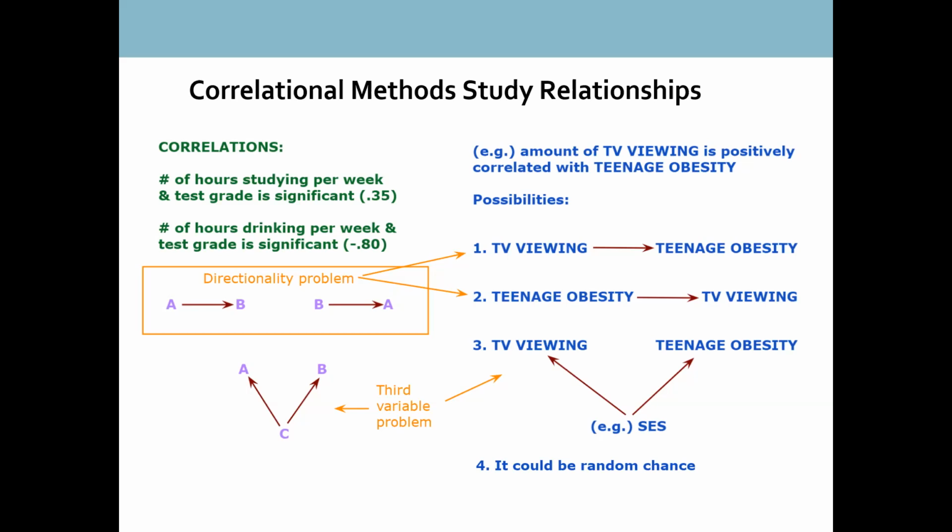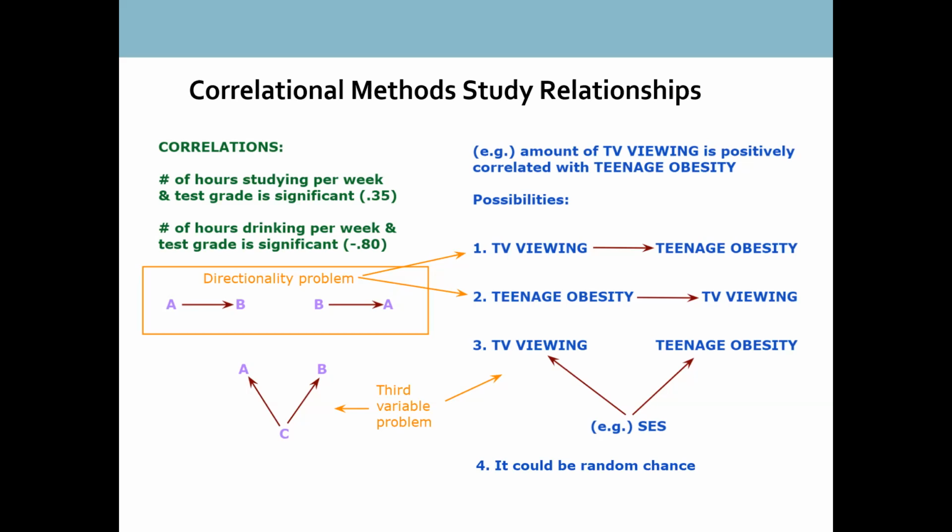I said that maybe we would assume that TV viewing causes obesity, but it's also possible that people that are heavier to begin with are less likely to want to be active if they have extra weight, so they sit around and watch more TV.